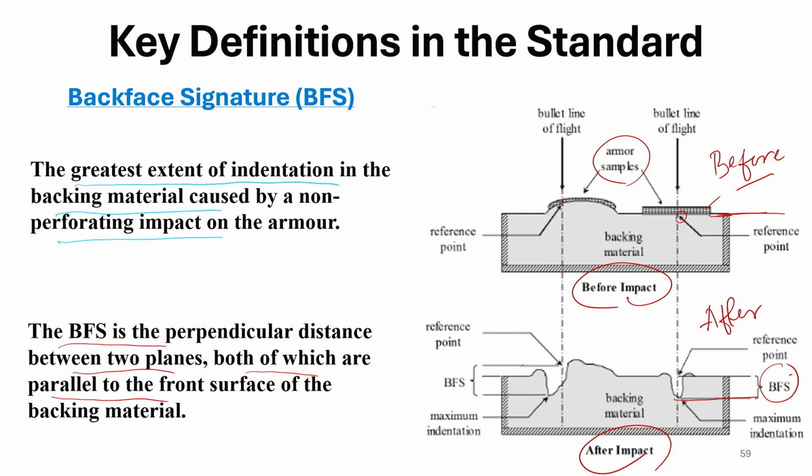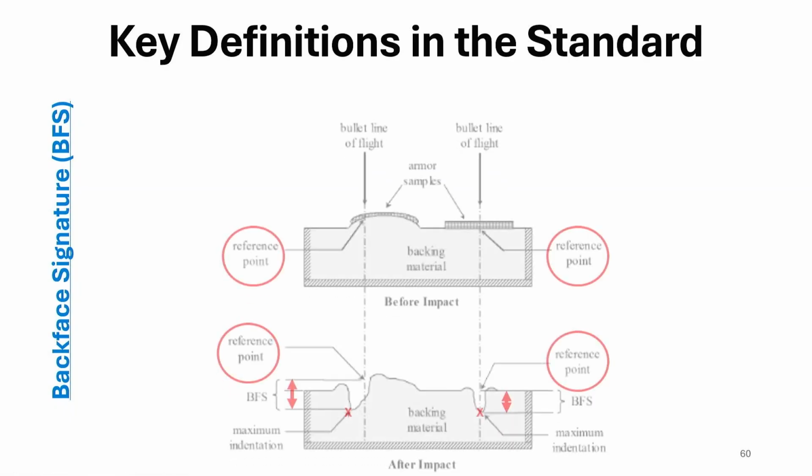But for a curved portion we have to take the reference point where it is actually hitting, the point below the hit, that is the reference point. This plane we are taking, this line, and the maximum indentation point. You can see the back face signature here.